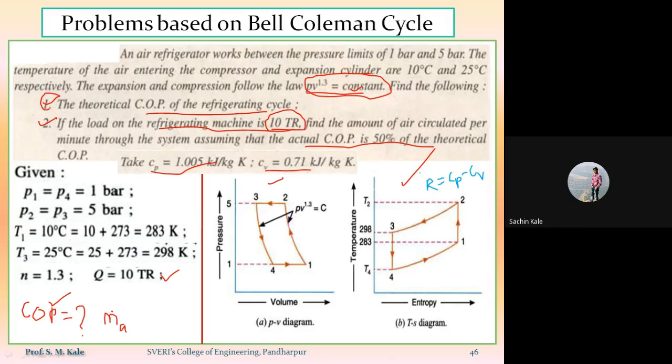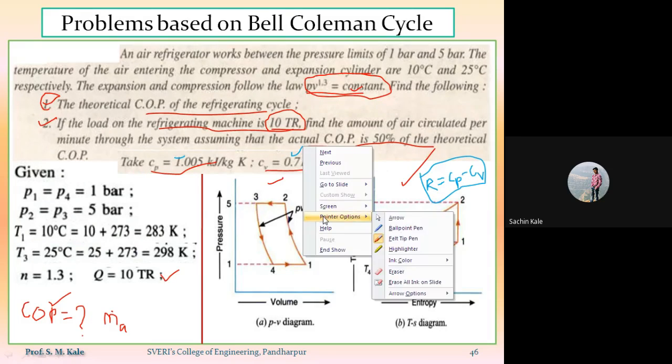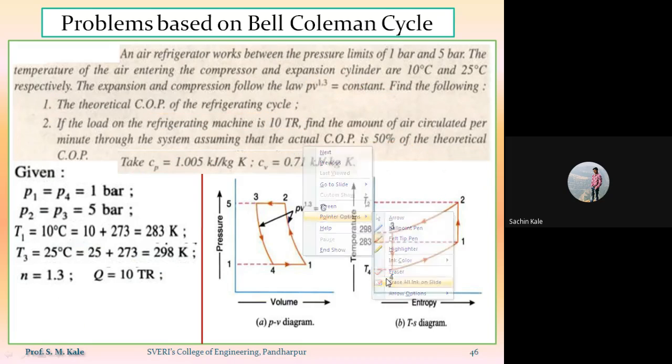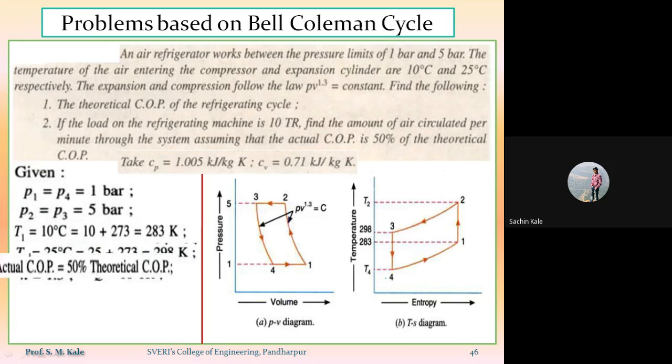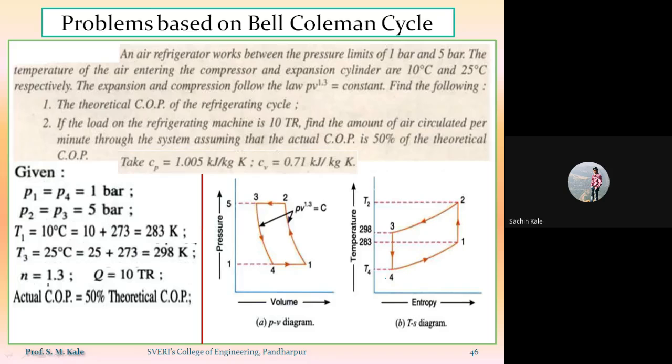So whatever value of R we have to calculate, we calculate by considering the values of Cp and Cv. Here, as actual COP is 50% of theoretical COP and the values of Cp and Cv are 1.005 and 0.71.